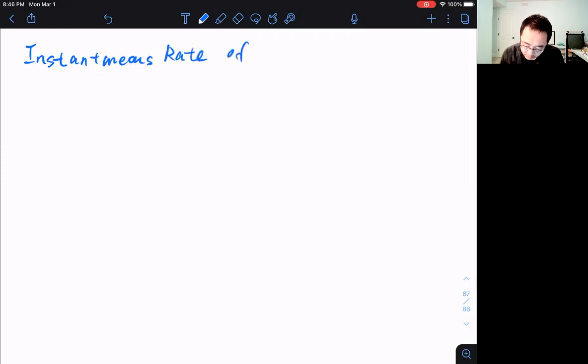So if you calculate the instantaneous rate of change, okay, you are really talking about the derivative.